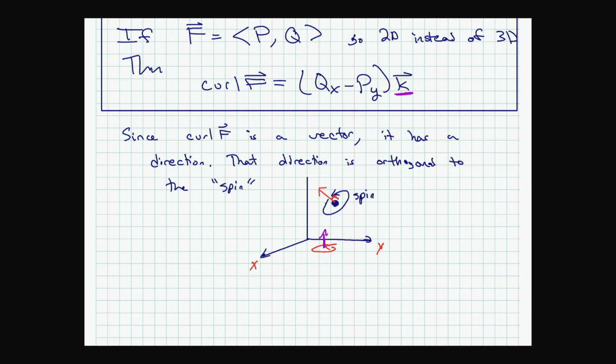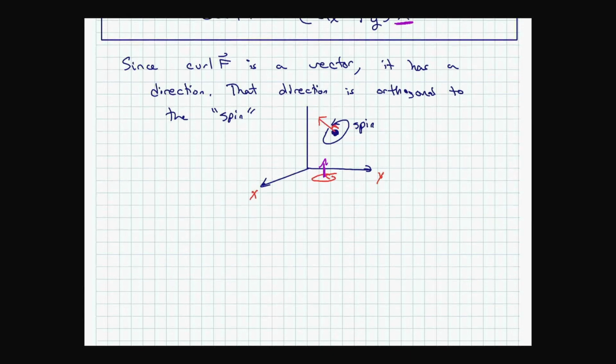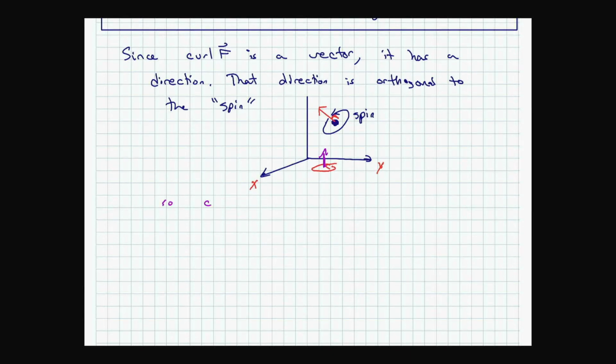Okay. So curl F is like the axis of rotation. Okay. So that's the idea. Oh, okay. Yeah.